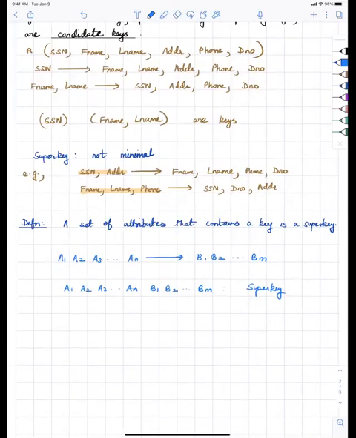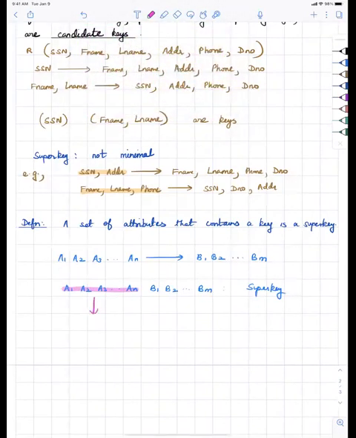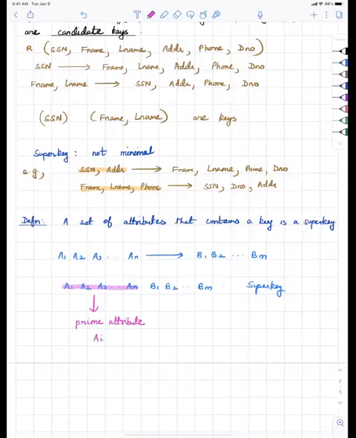So in a super key, I also want to define two other terms. So we have super key. All of these are called prime attributes, and these are called the non-prime attributes.